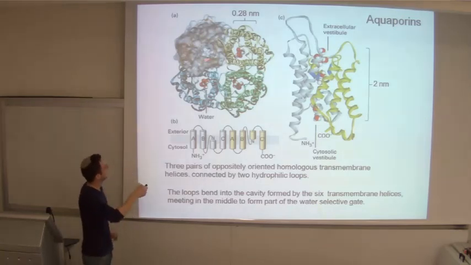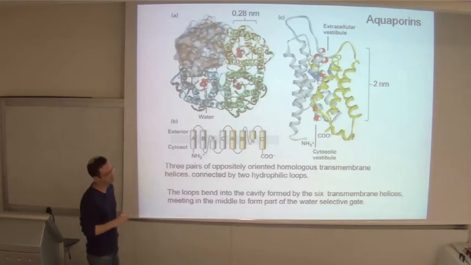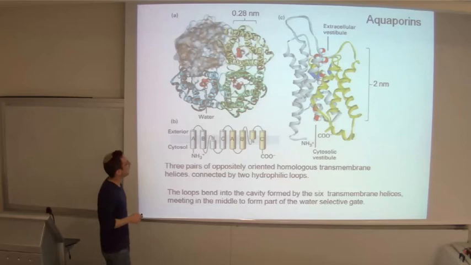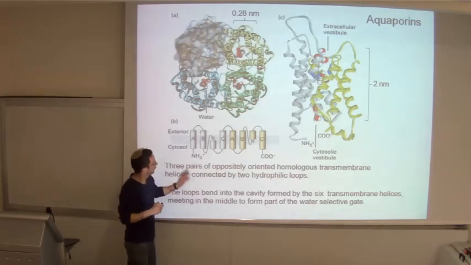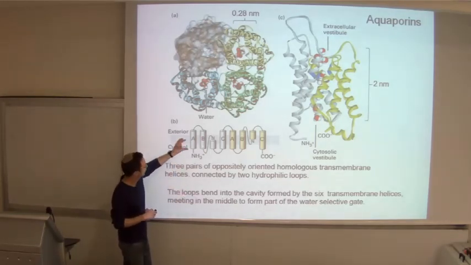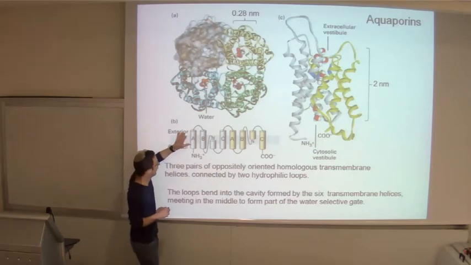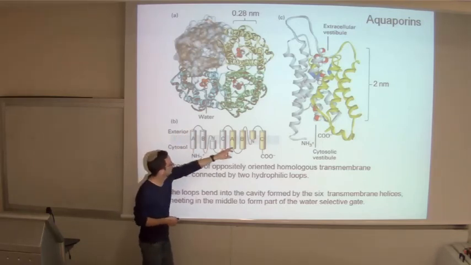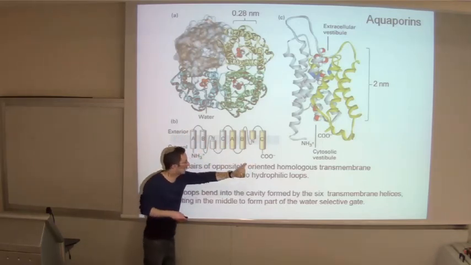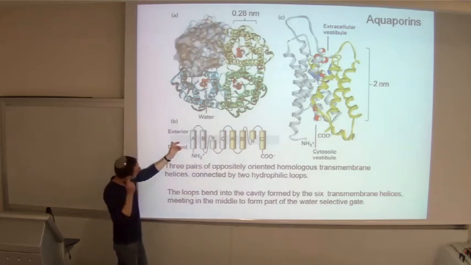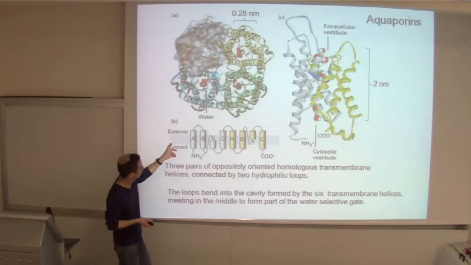It's a tetramer, again a homotetramer, built of 4 identical subunits. In each subunit, you find 3 pairs of homologous alpha helices, A tag, B tag, C tag, in an anti-parallel orientation in relation to one another.